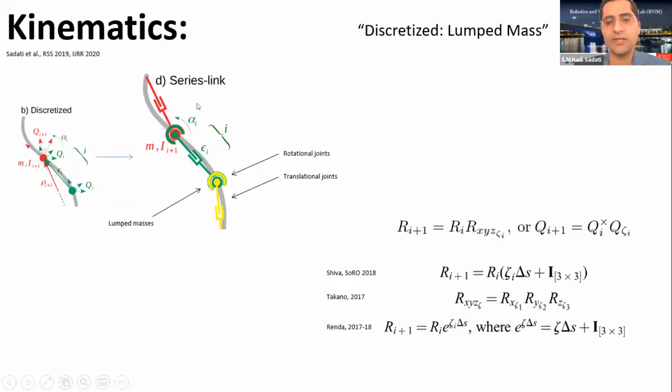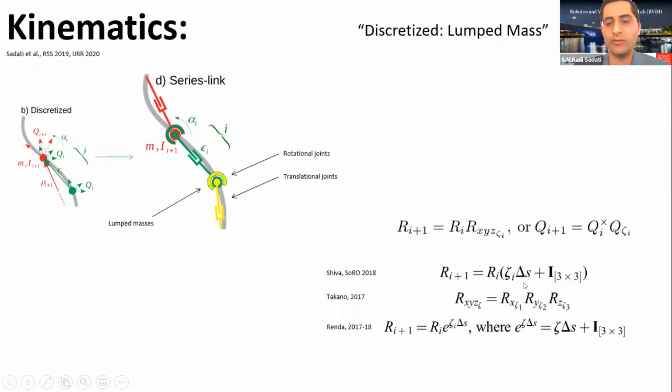When we talk about series rigid link robots, it's like rigid links in rigid robotics. So you have a rotation matrix. You want to calculate the next rotation based on the previous rotation, or the next quaternion based on the previous one. There are different implementations here. One is based on Lie algebra and linearization of the differential kinematics.